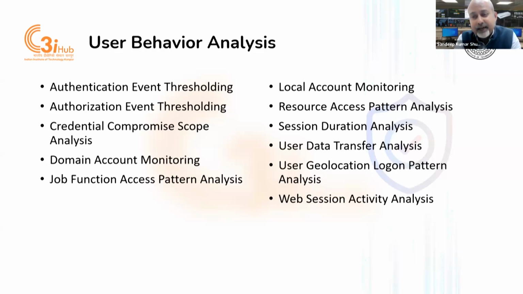So you can get an early sign that somebody is trying to do something that is not supposed to be done by that user. For example, a user who does not necessarily have a reason to have administrator access on a machine, on a server, if he or she gains administrator access, you have to be suspicious, right? Similarly, if a user has no reason to go to a particular database or make queries to it, and you see that user account doing that, you have to be suspicious.